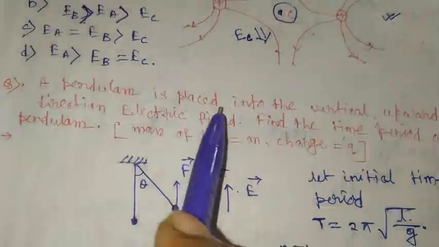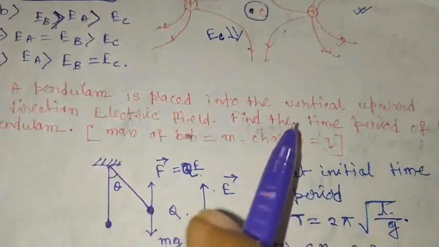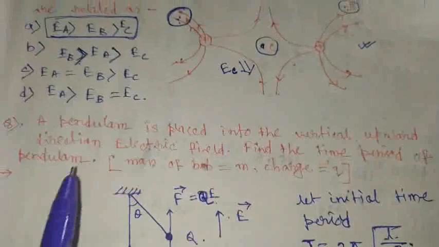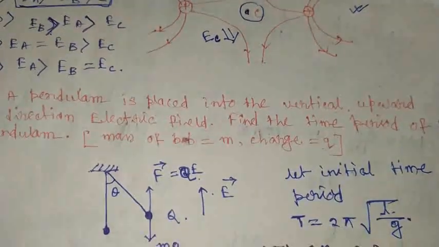A pendulum is placed in a vertical upward electric field. Find the time period of the pendulum. The mass of the bob is m and the charge is q.